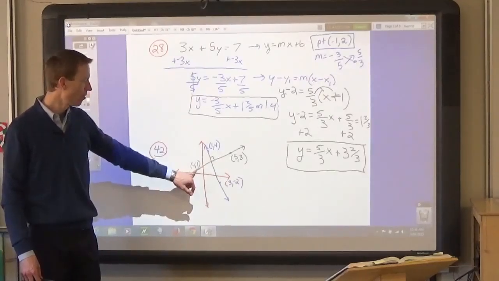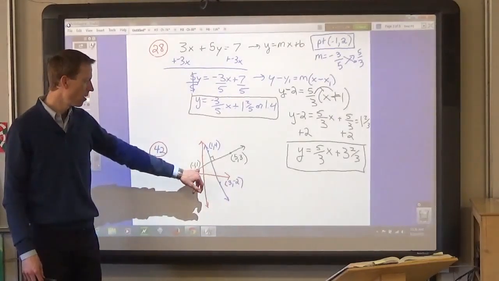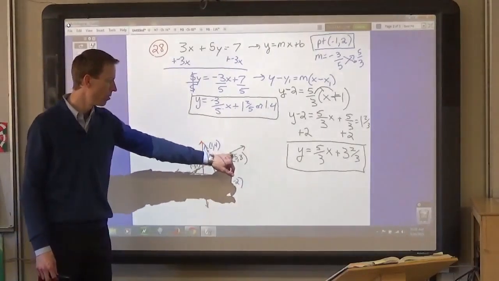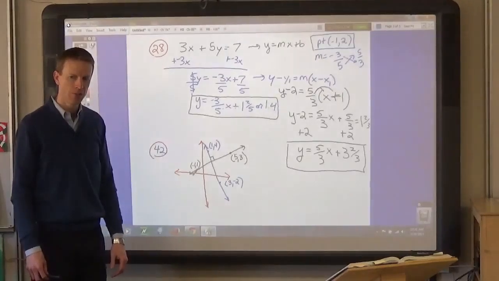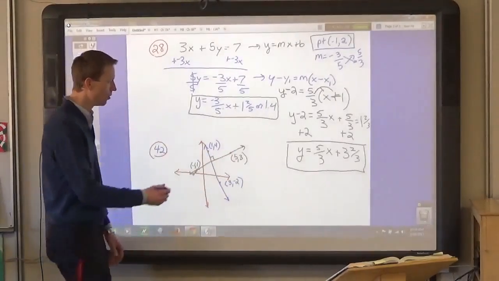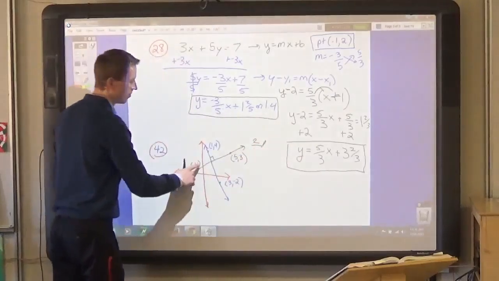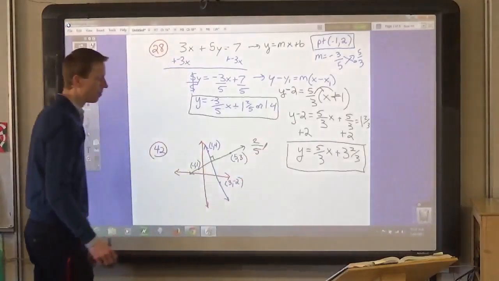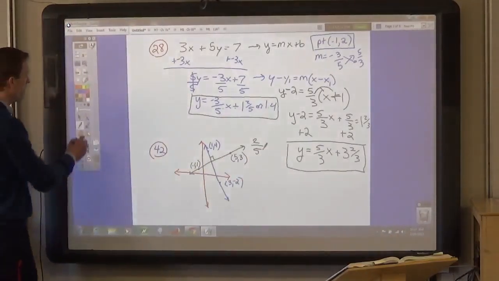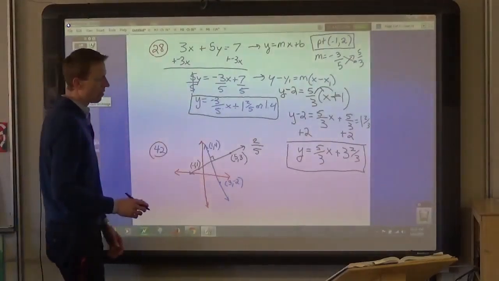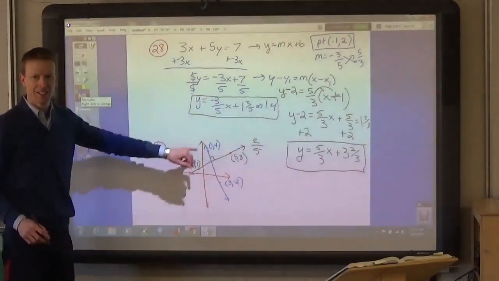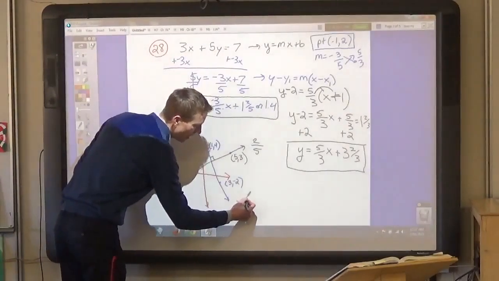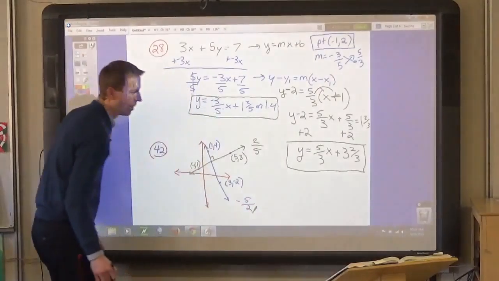It goes down 2 and left 5. Then the blue line must be a negative reciprocal, so it's negative 5 over 2. Okay.